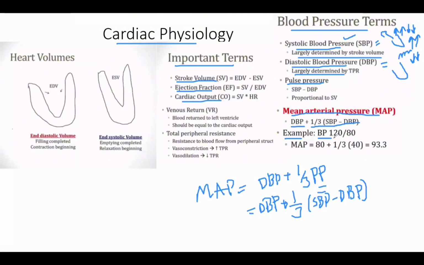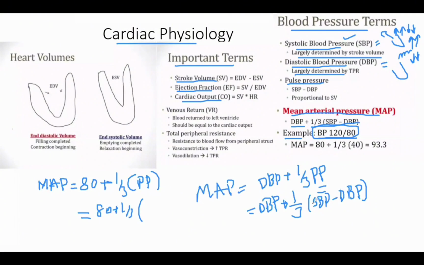For example, if a patient has a BP of 120 by 80, here we need to calculate the mean arterial pressure. So how will we calculate it? The diastolic blood pressure is 80, so 80 plus 1/3 of pulse pressure. The pulse pressure is systolic blood pressure minus diastolic blood pressure.